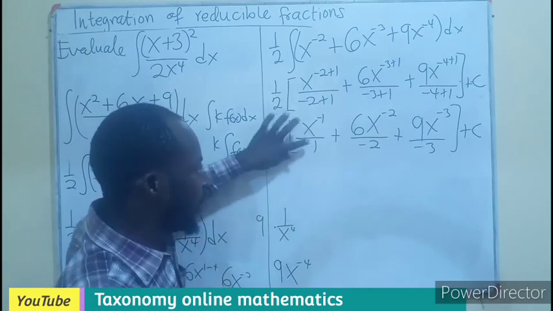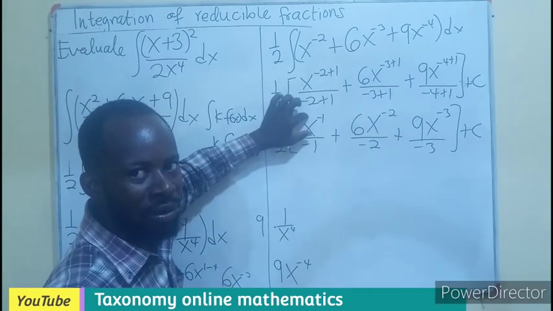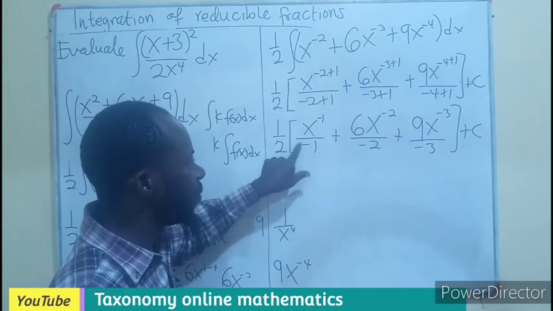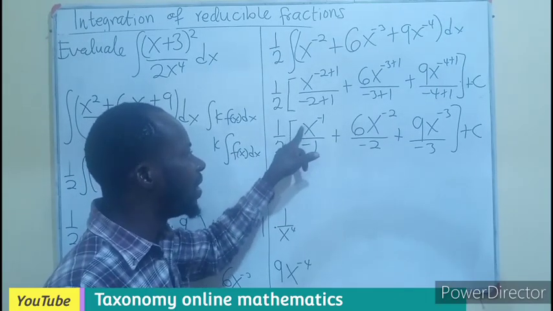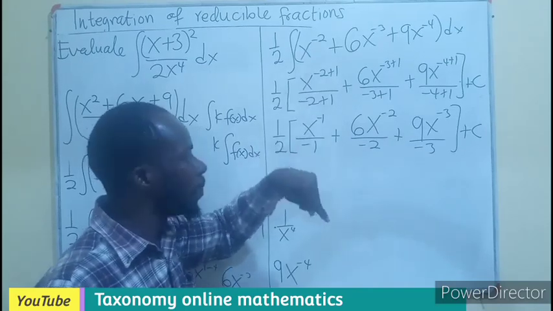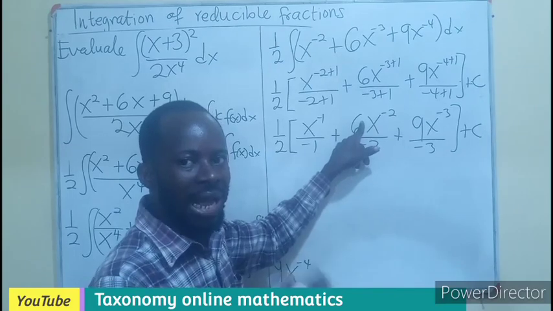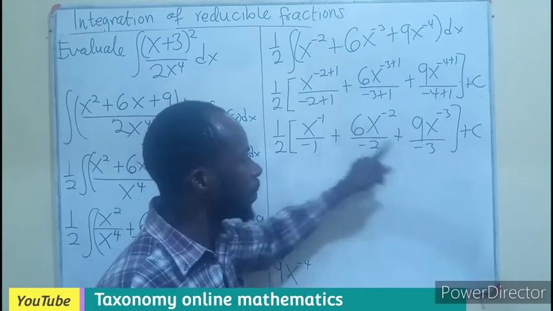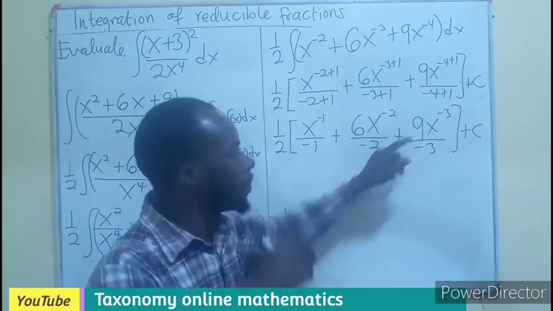So now we are going to simplify further. If this were 1, we would have maintained x to the power negative 1. But since it's negative, it's only going to affect the sign here, making this become negative x to the power negative 1. Here, we have a common factor with 6, so we can cancel that to get a negative 3 there. This can also have a factor with 9, so negative 3.